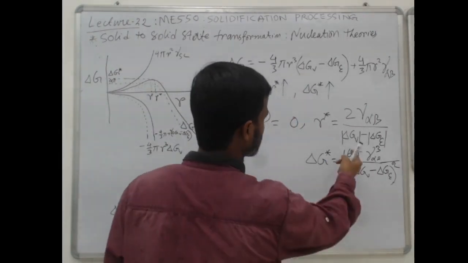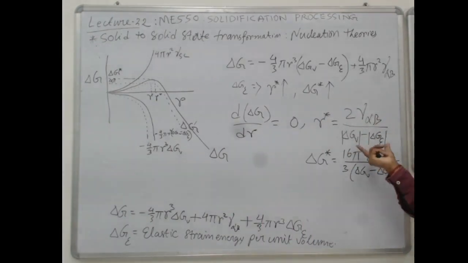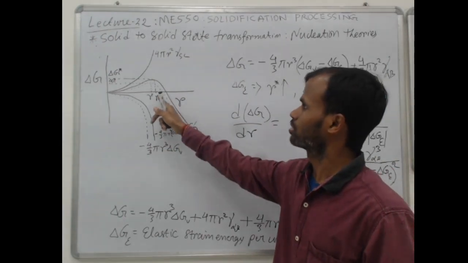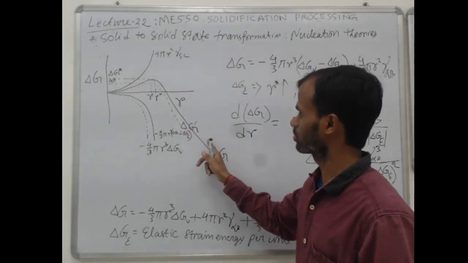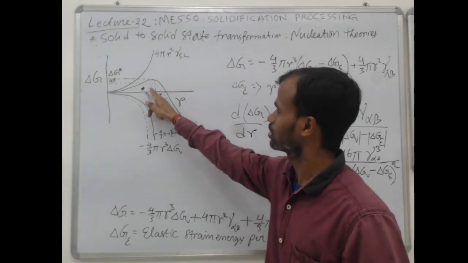This also explains, you see, if delta GE increases, this denominator will become less. If it becomes less, R star will increase. So the presence of the strain energy term here will increase the critical size.